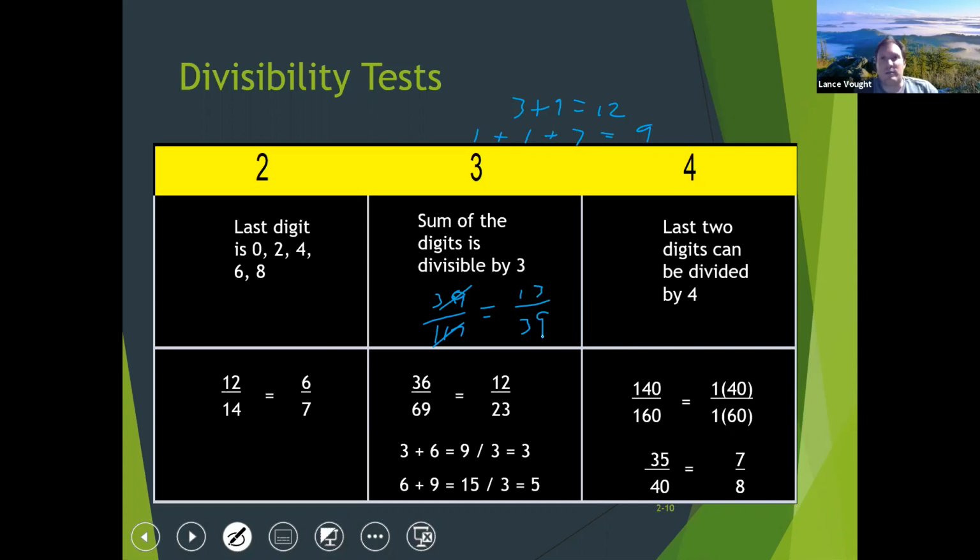But 39 is divisible by 3. And 39 divided by 3 happens to be 13. So we know that 39 can also be divided by 13. So if 13 divided by 13 is 1, 39 divided by 13 is 3, we simplified this all the way down to 1/3. And we got started because we knew that the sum of those digits were both divisible by 3.